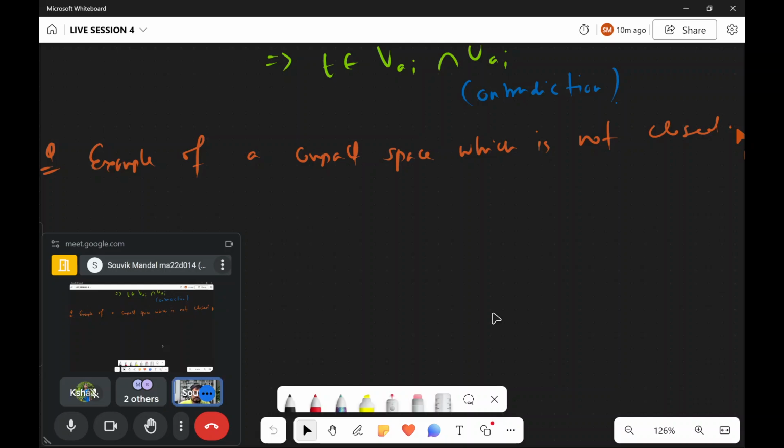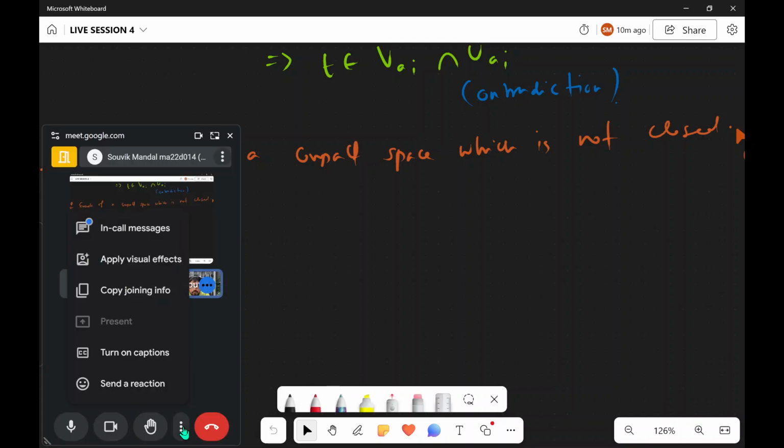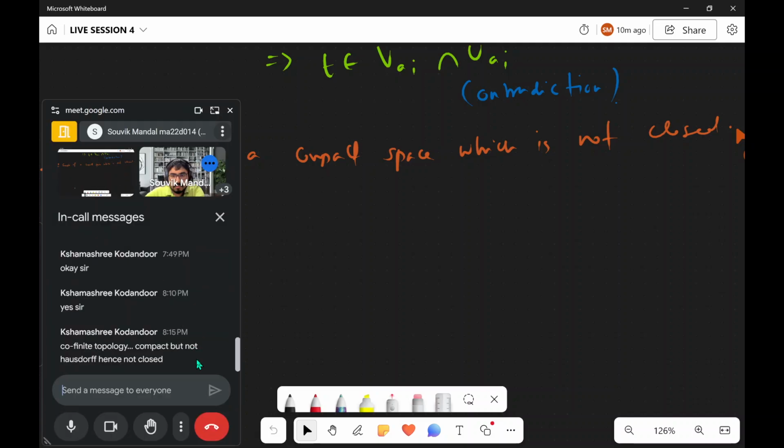Cofinite topology, compact, but Hausdorff and not closed. No, look, the point is that whenever you are saying something is closed, it is closed in the bigger space, right?